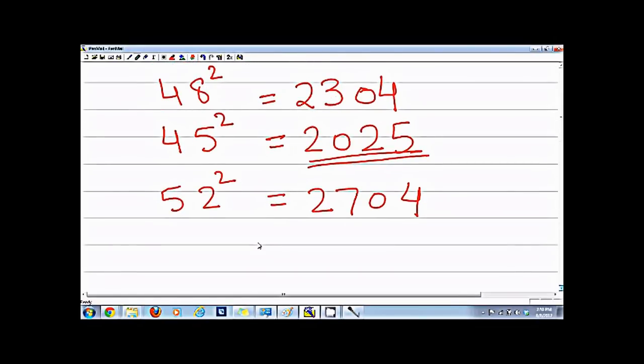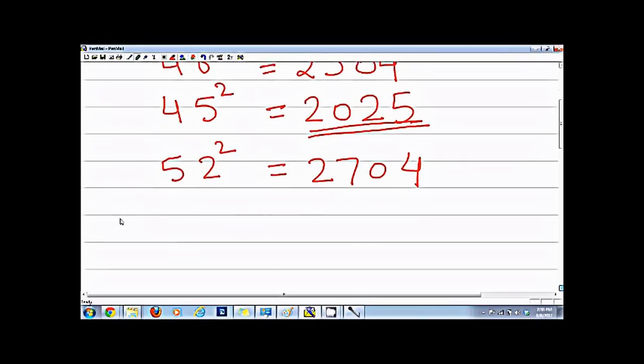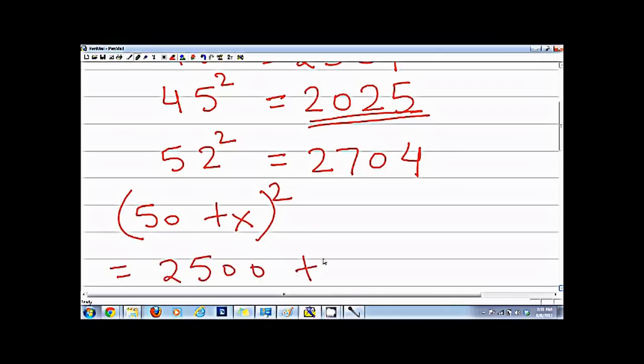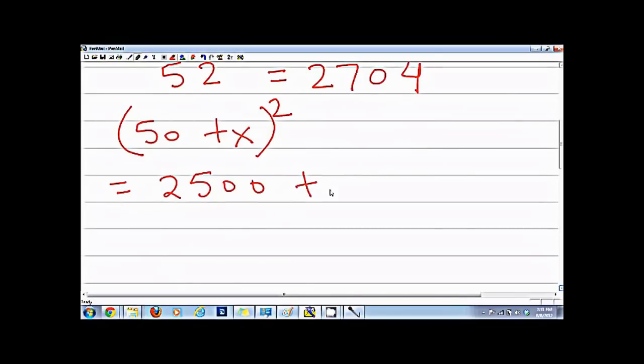So let's, for example, if I have a number which is close to 50, so we have 50 plus x and we take square, so 50 plus x square will be equal to 2500 plus 100x and plus x square.